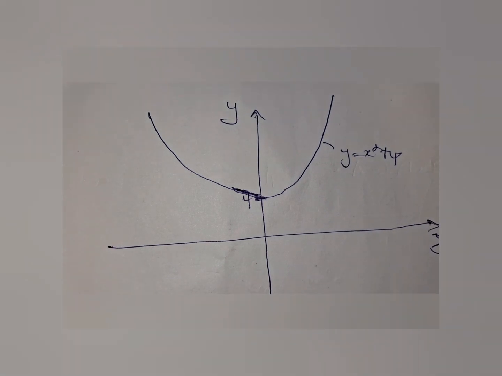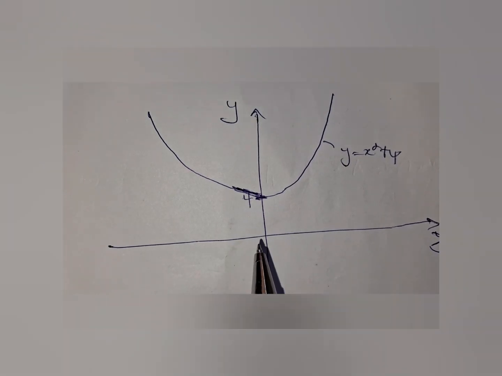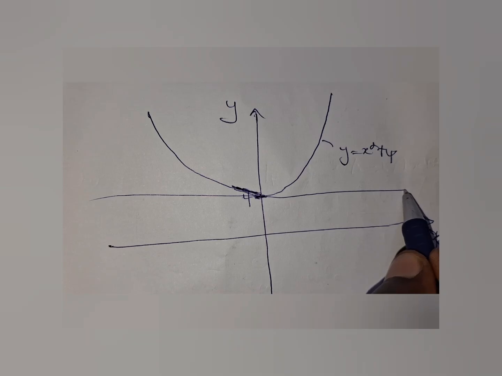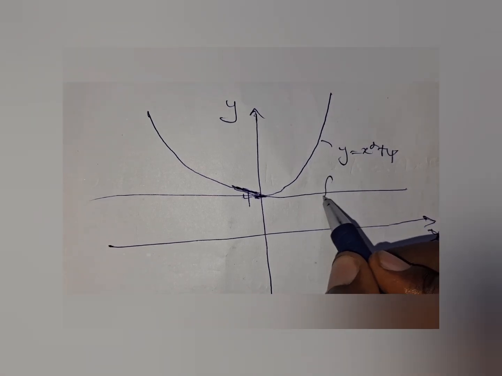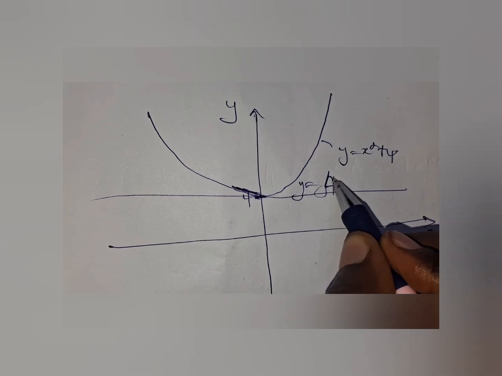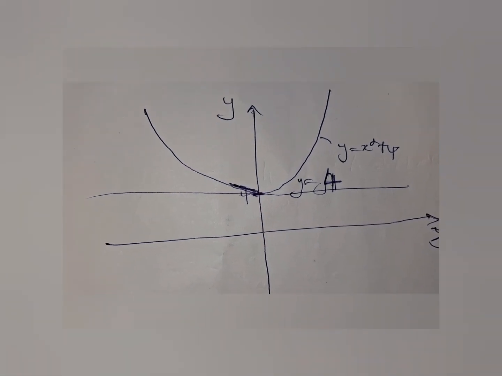Here we have the graph of f of x is equal to x squared plus 4. Now, you look at this graph, you're going to see that no part of the graph gets below the line y is equal to 4.